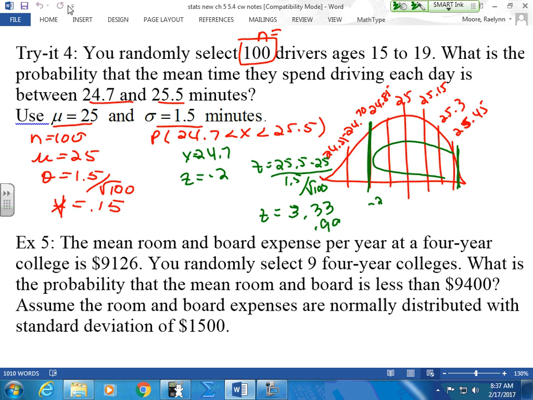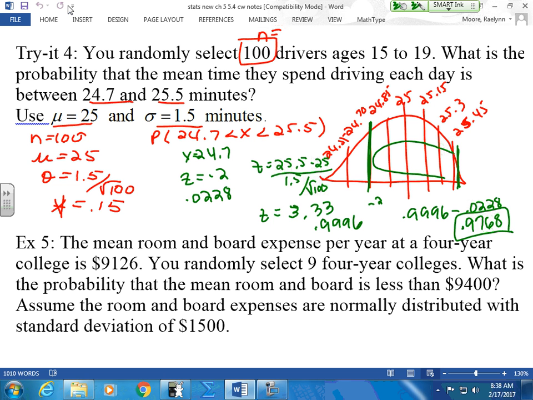This is 0.9996. This was 0.0228. And always subtract so that you get a positive area, because areas can never be negative. So when I subtract these, I get 0.9768. So because my standard deviation got smaller, pushed me closer to the mean, my curve is much narrower, I'm going to cover more space.